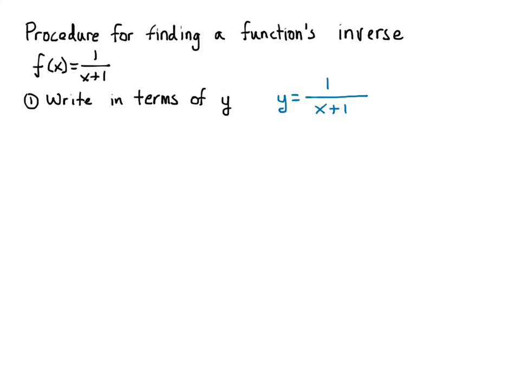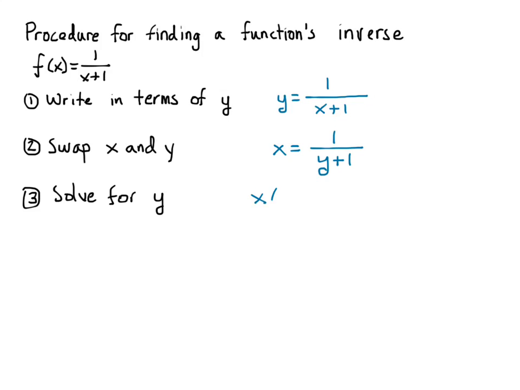Okay, so I write this in terms of y, and then what I do is I swap x and y. And at this point, what I'm doing is I've made my inverse in a sense. I just don't have a good expression for it. So what I'm going to do now is solve for y. And so when I solve for y, I get my inverse.